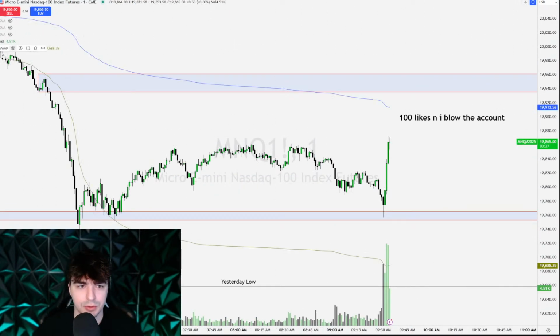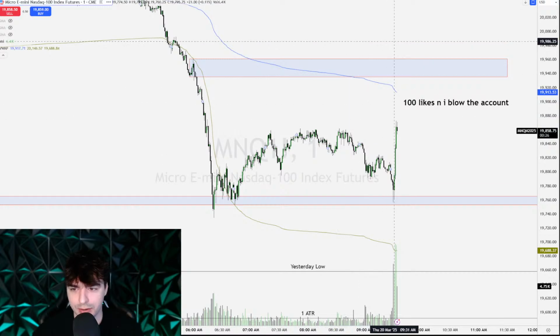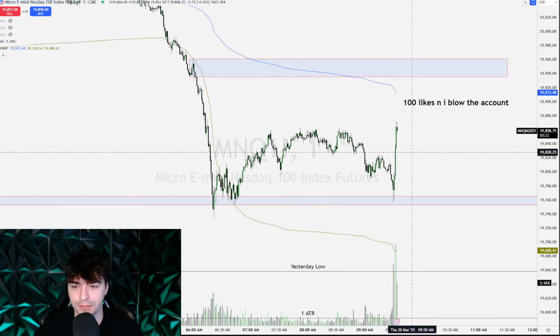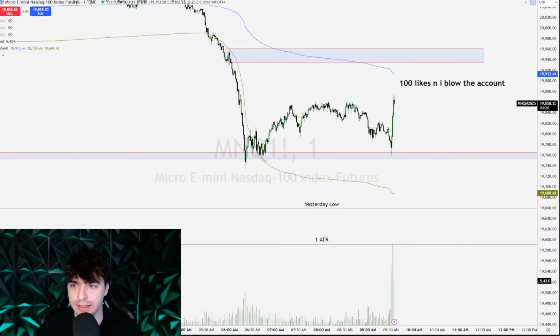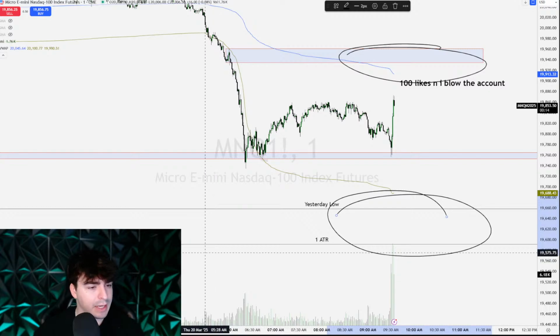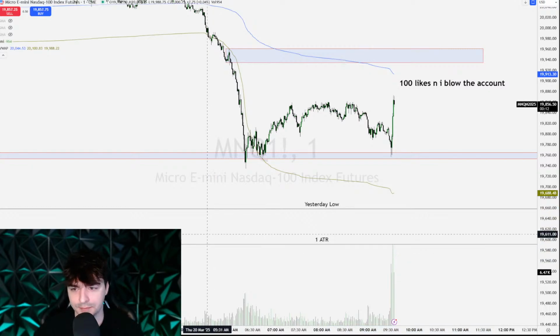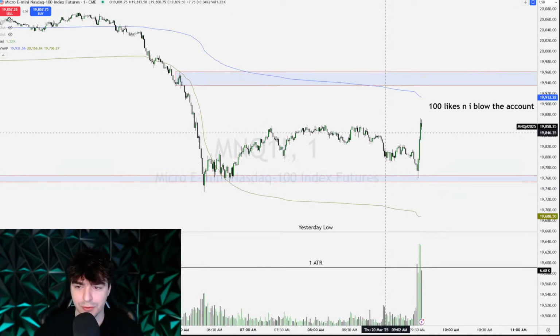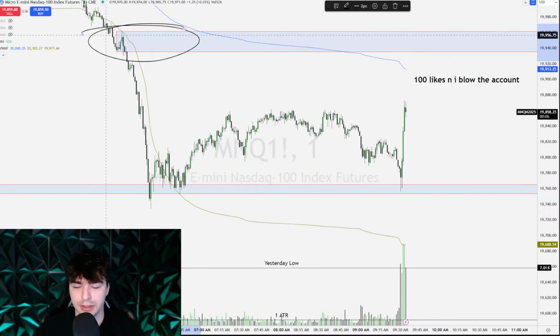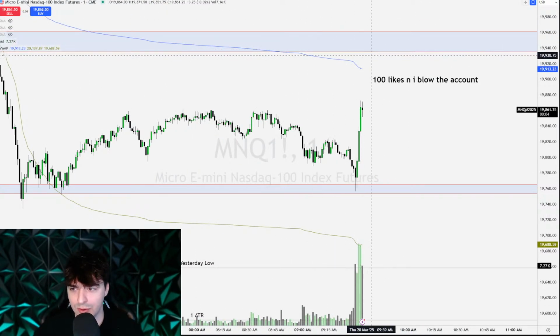All right, so I'm probably more short biased the higher we go here, and then long biased down in here. So short bias up here, long bias down here. Now we've got a game plan. Starting to form our theories. Back up in this area of supply, back up in the VWAP.